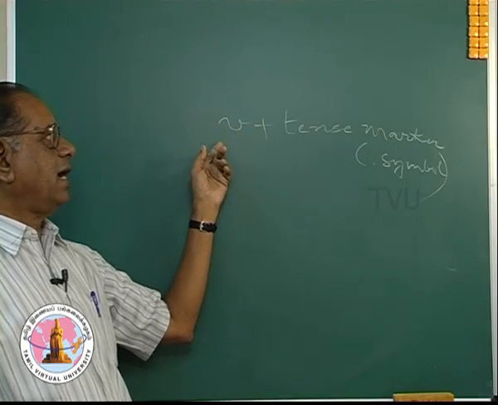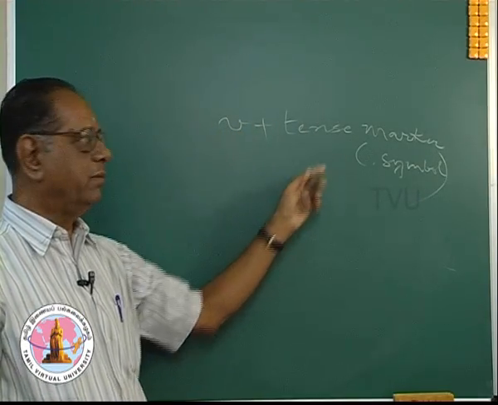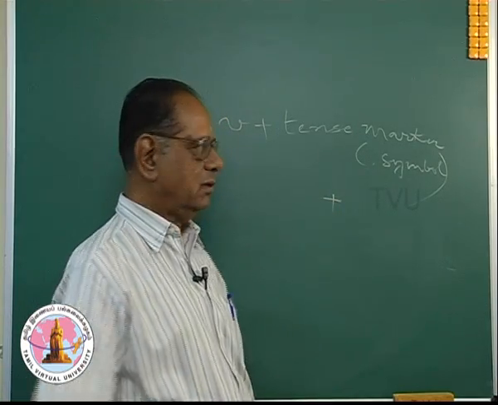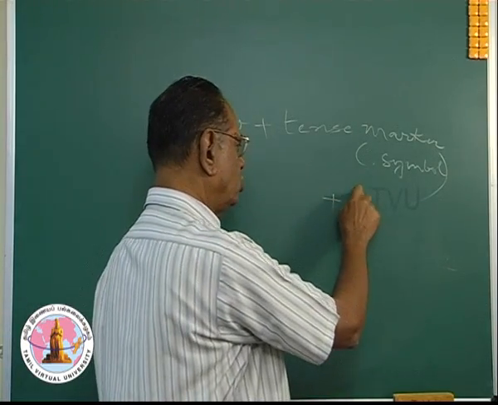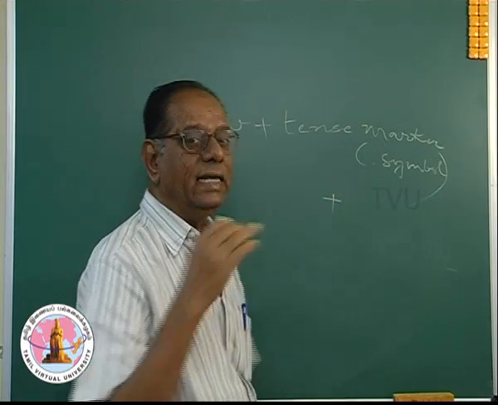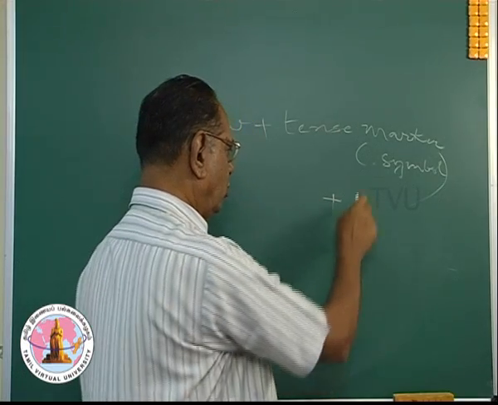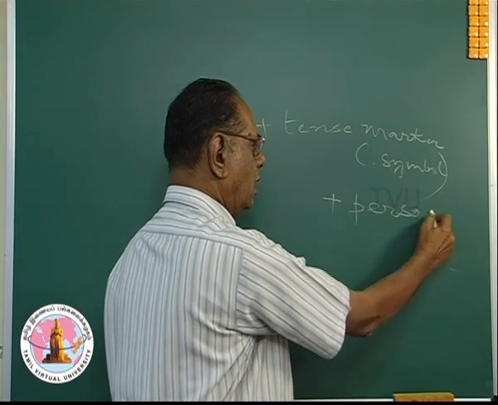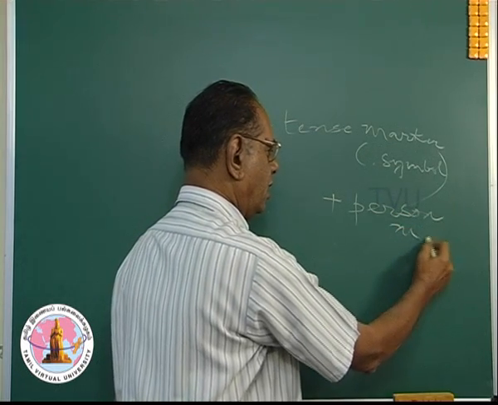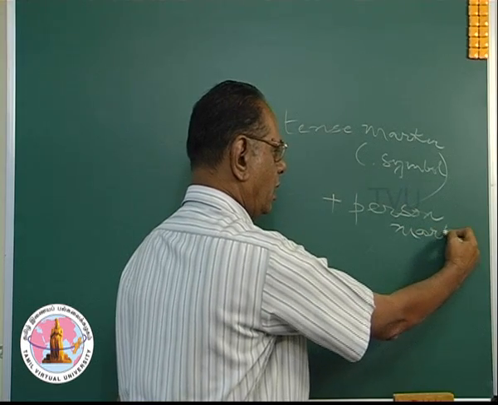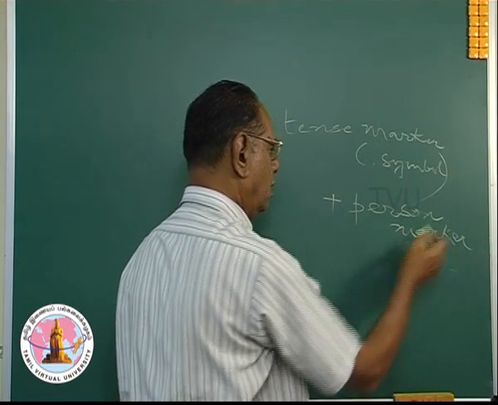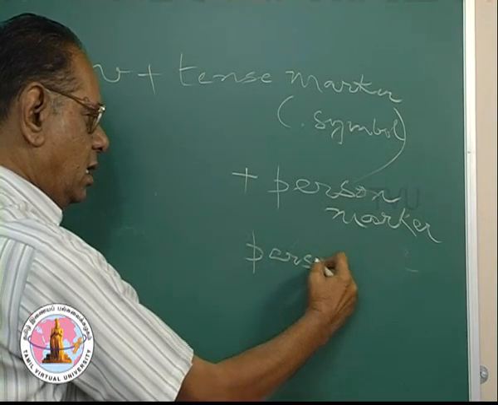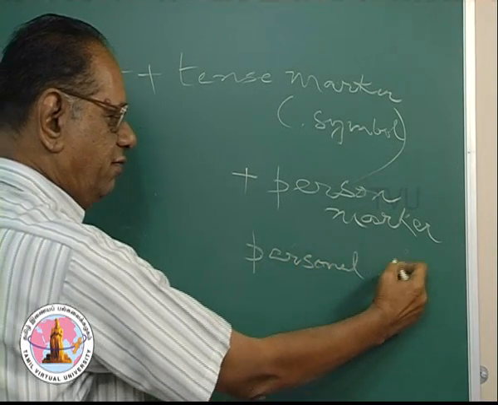A verb denotes action, tense denotes time, plus there will be another suffix which denotes the subject, the details of the subject. So, we can call it a person marker or a personal suffix.